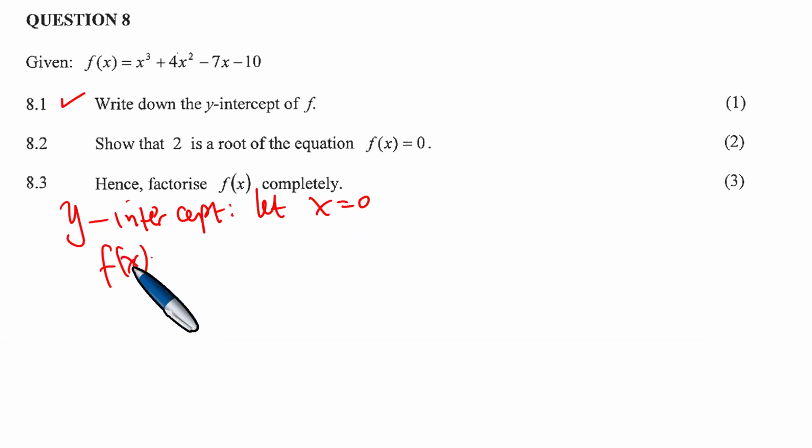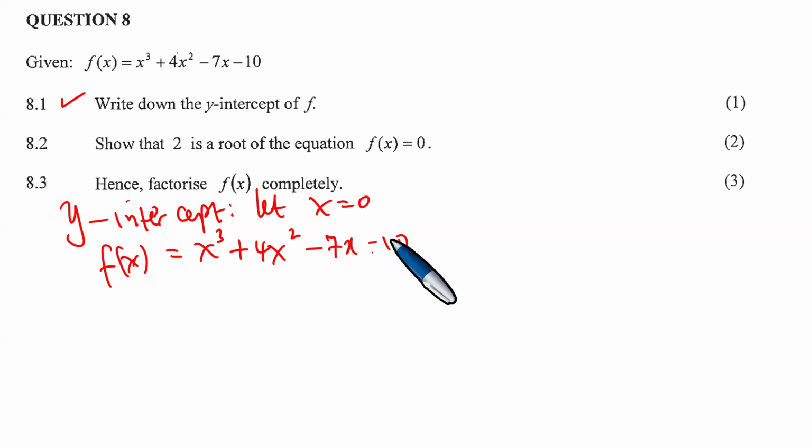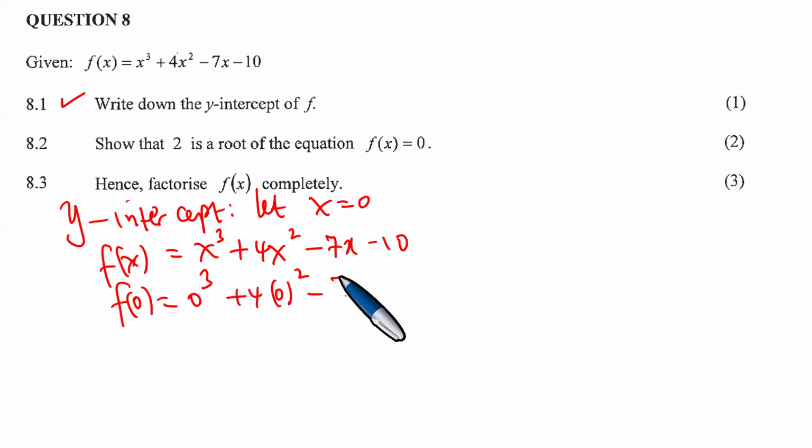So f of x equals x cubed plus 4x squared minus 7x minus 10. Then f of 0 is 0 cubed plus 4 times 0 squared minus 7 times 0 minus 10, and f of 0 is minus 10.